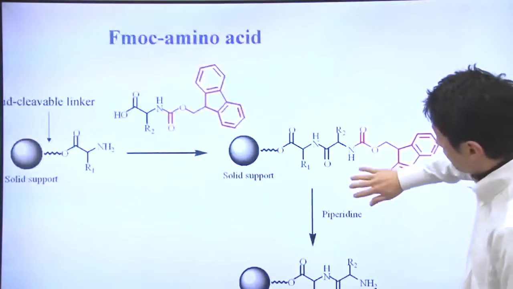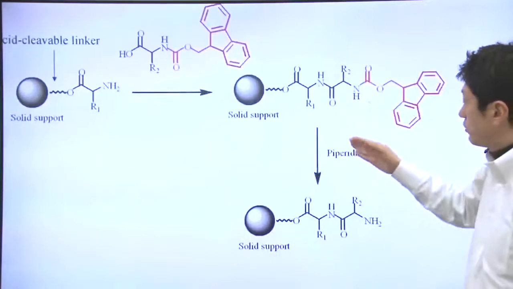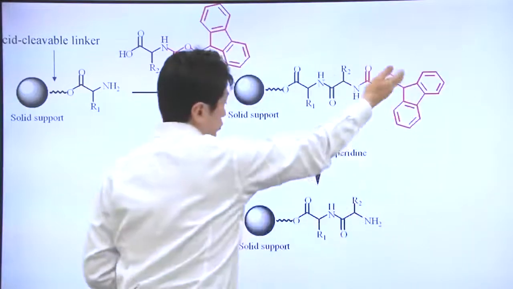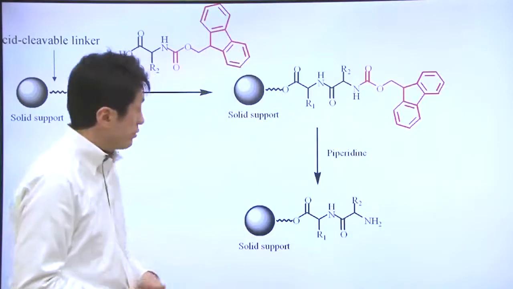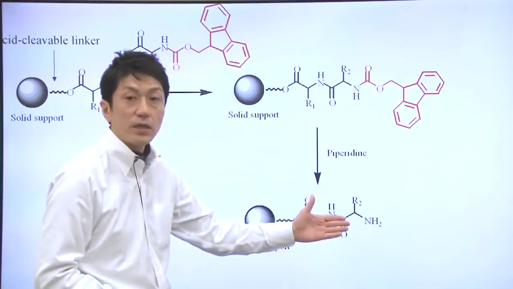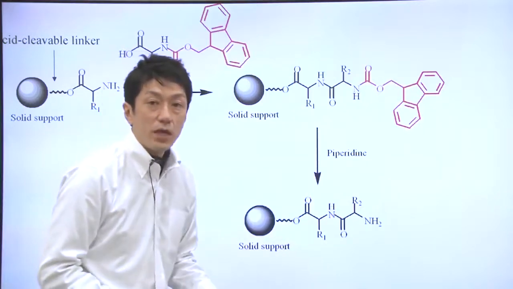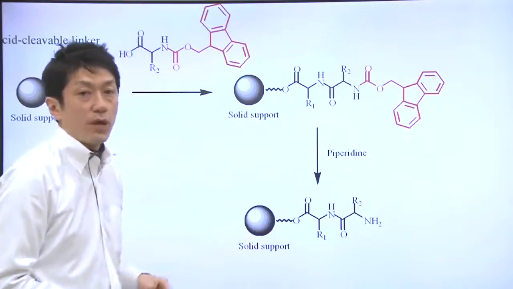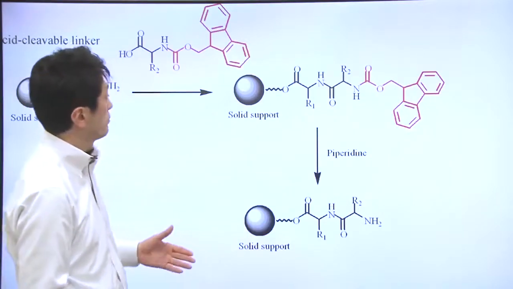We usually use piperidine to remove the FMOC group. So now you can see the coupling of the first amino acid and second amino acid. So now the problem has been solved, but we still have a problem.